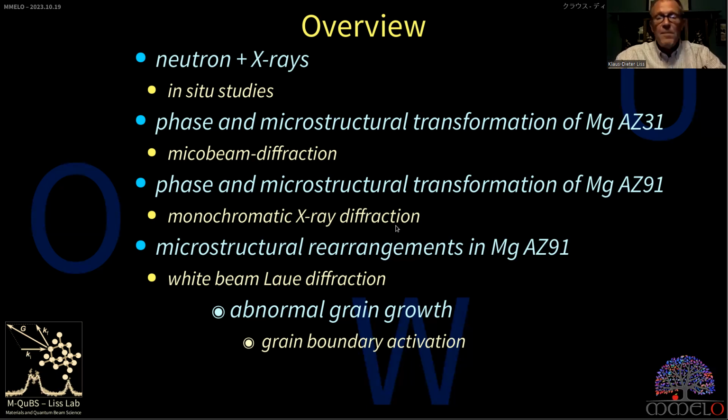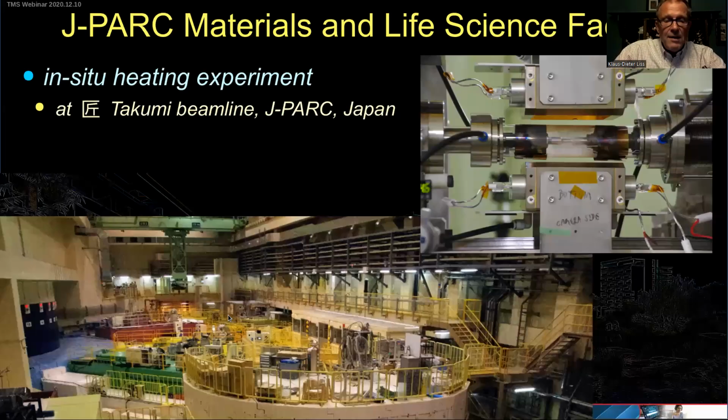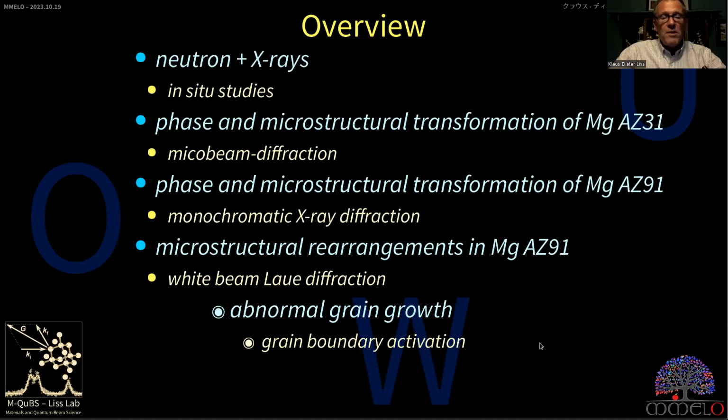And then I come to a new technique, namely the wide beam Laue diffraction, talking about abnormal grain growth. This is a different method, as you will see, which is very unusual, but we can look at grain reorientations and see grain rotations during this grain growth.